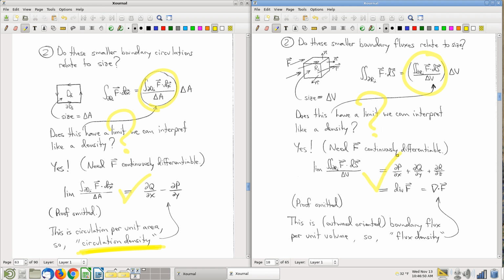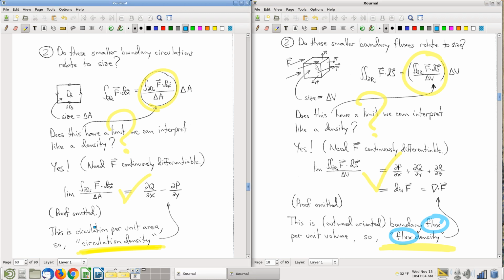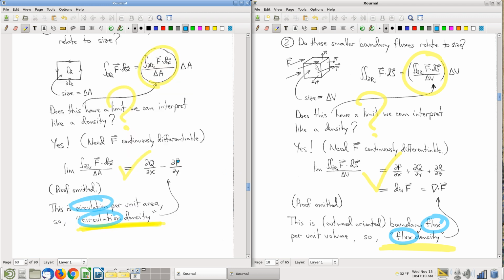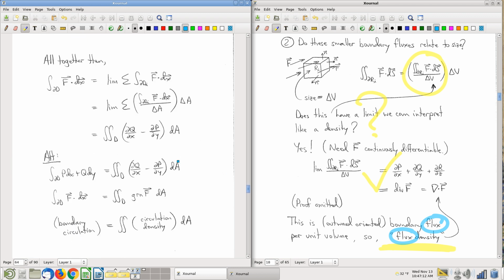Turns out there's a formula for it, and then we interpret it as a density. So we're looking at flux, thus flux density, compared to previously we were looking at circulation, and thus circulation density. Okay, let's put it all together.